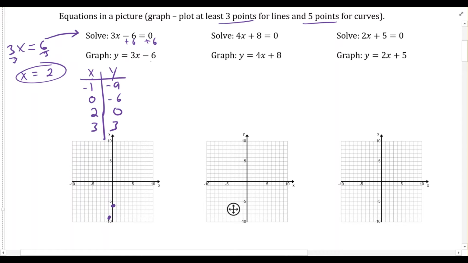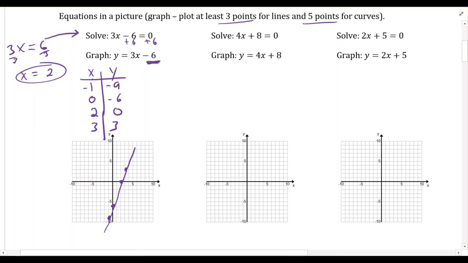I want you to kind of know this: maybe you remember from grade 9 or grade 10, this -6 told us our y-intercept, where this thing was going to cross. Now when x is 2, y is 0, so right there. When x is 3, y is 3, so right there. So you can see we've got a straight line that goes up like this. Should have been straighter than that.